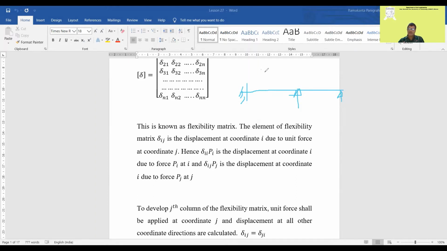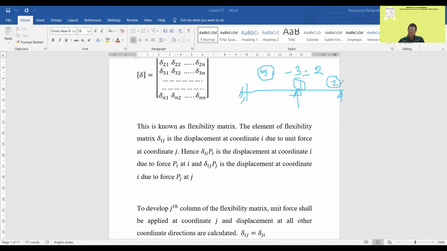So there are 5 unknown reactions: 3 at the fixed end, 1 at this roller support, and 1 more. The maximum we can find by equations of static equilibrium is 3, so there will be two unknowns left. You have to decide which 2 unknowns to take as redundants. For easy calculation, we can take this force as 1 redundant and this as the 2nd redundant.